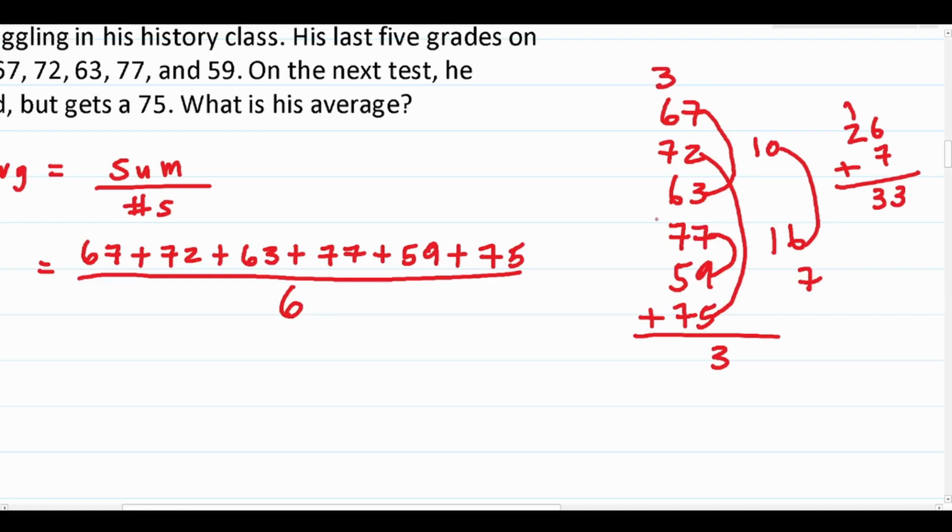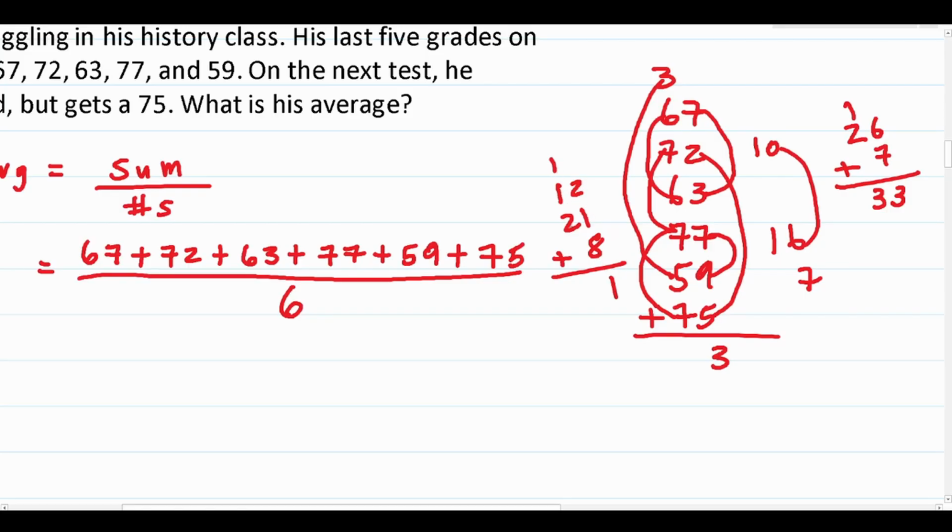Again, I like to do the math such that it's a little bit easier to do. I know 7 plus 7 plus 7 is 21. I know 6 and 6 is 12. And I know 5 and 3 is 8. So let's go ahead and work that out. 8 plus 2 is 10, plus 1 is 11.